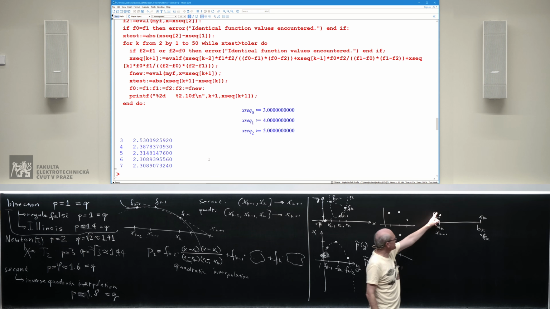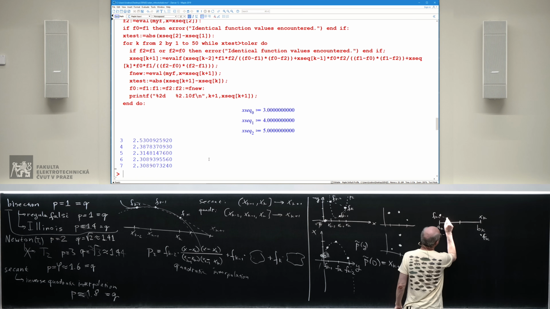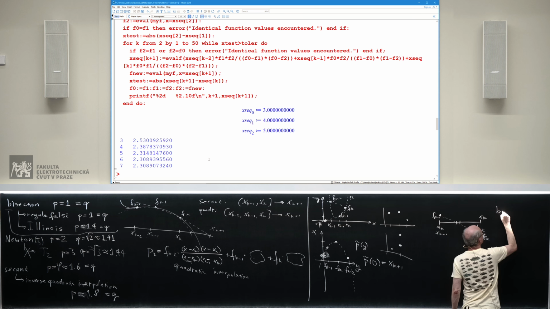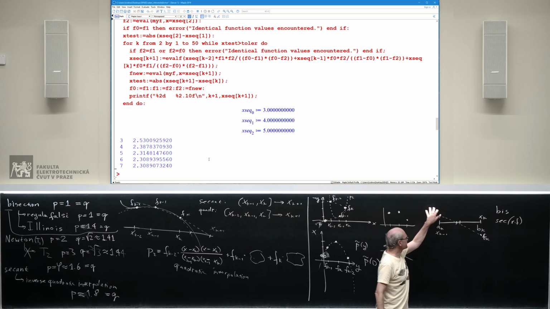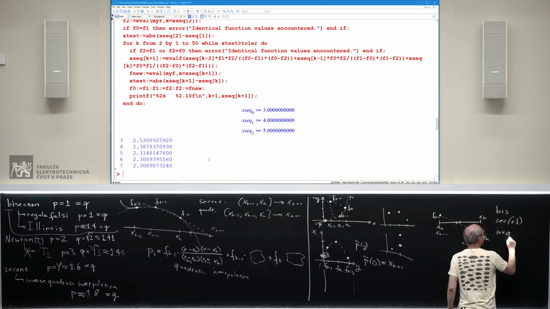Now, based on this data, I could try the bisection method. I could try the regula falsi method, which is actually the same idea as the secant method. So we get bisection, we get a secant cross regula falsi. It's the same formula, and we can try inverse quadratic method.